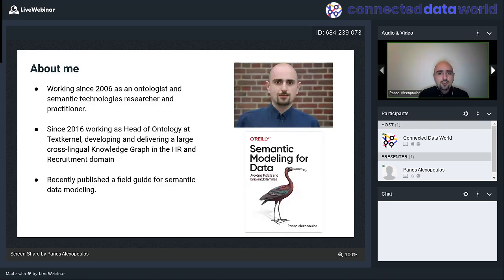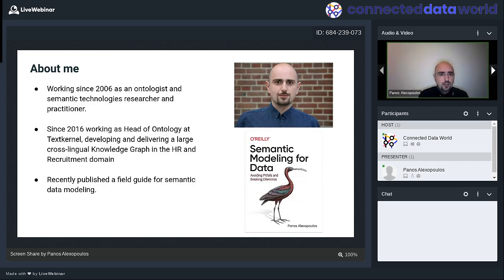And my team is responsible for developing and delivering a large cross-lingual knowledge graph in the HR and recruitment domain. And part of this work relates to the automation of the construction process of the knowledge graph, hence this masterclass.